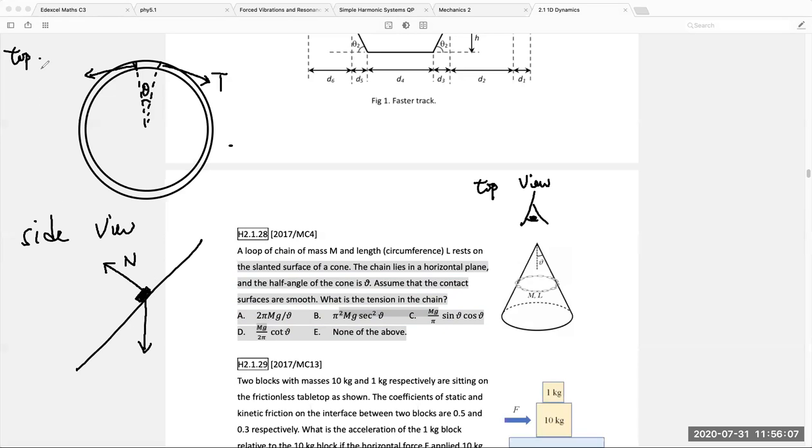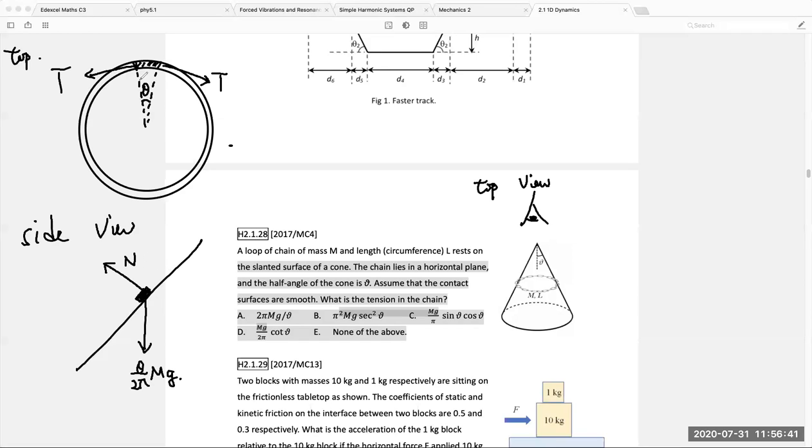So in total, there are 4 forces: 2 tensions, 1 normal reaction, and 1 weight. So can you express the weight of this small part of the chain? Theta over 2 pi times m, so you use the ratio, okay? Theta over 2 pi times m times g.